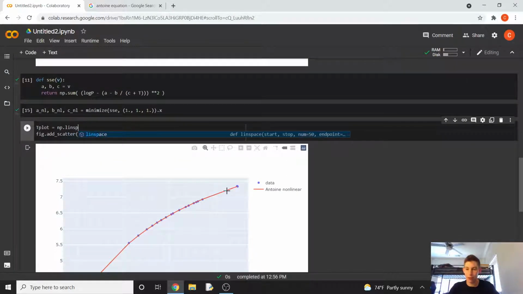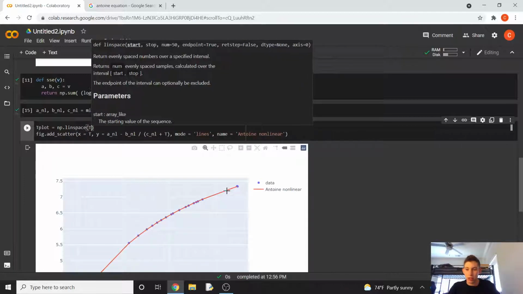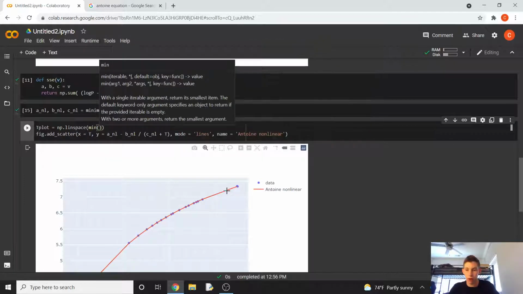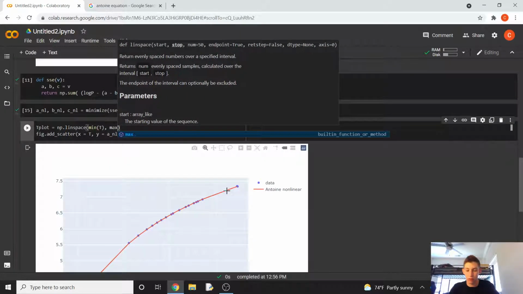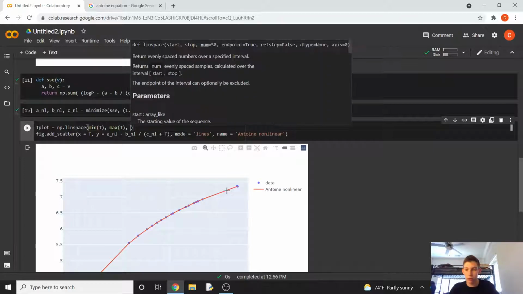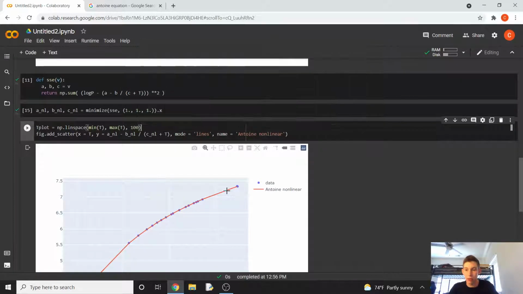So we can do this. We'll start from the lowest temperature value up to the highest temperature value, and then we'll do 100 data points.